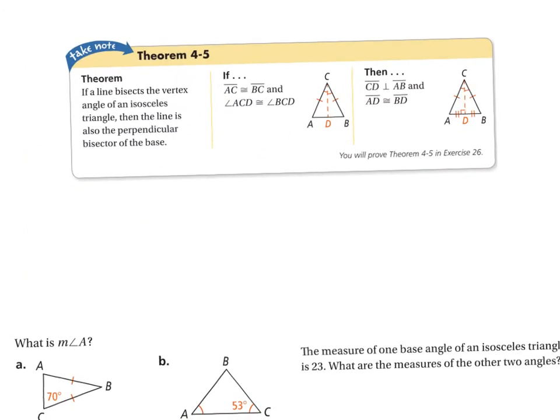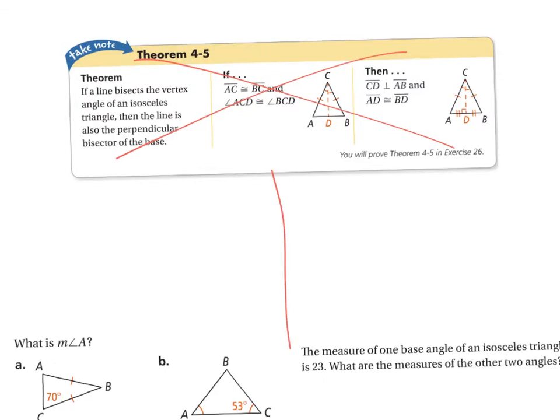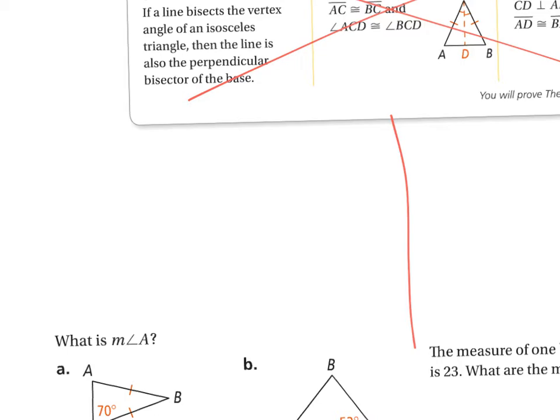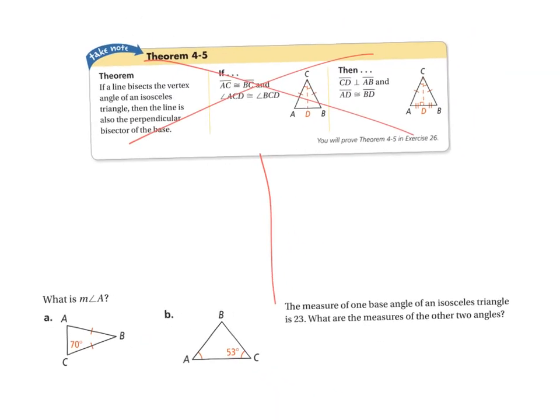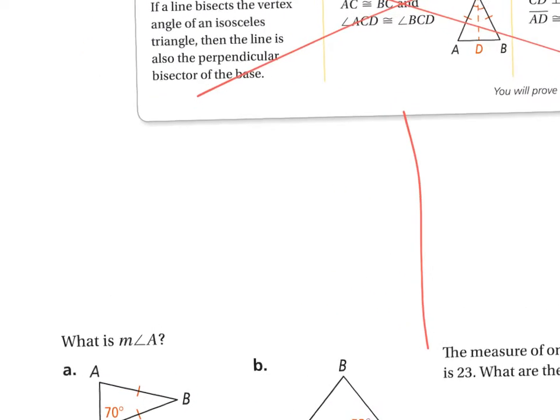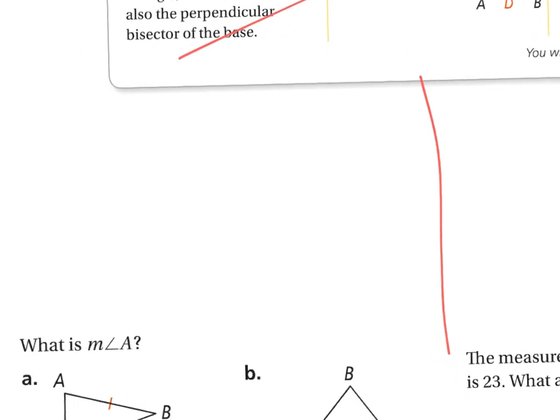Okay, so now let's talk about theorem 4.5. I'm going to have you cross this out or just ignore it for the moment because we're going to add a little bit more to it because it doesn't explain enough. So I want you to divide this section right here in half, and we're going to put our own notes in there. And I'm going to have you identify pieces of triangles.